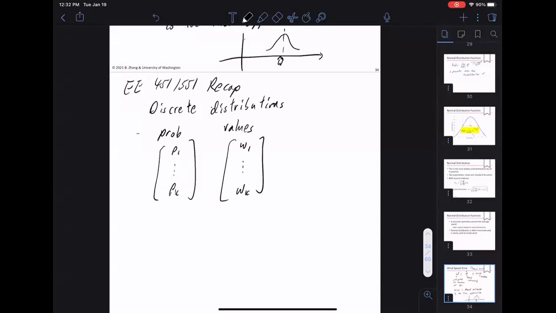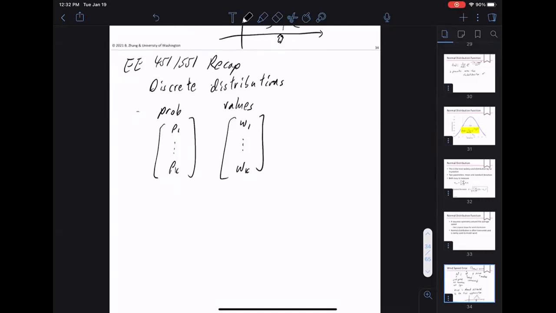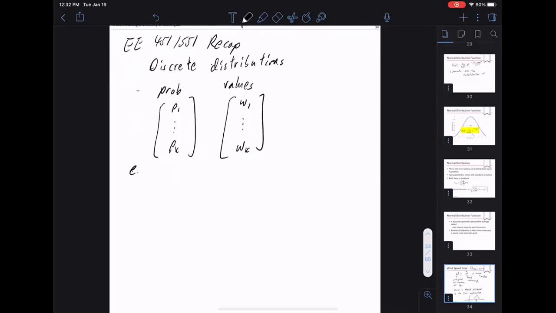So the thing to remember about this kind of random variables, for both discrete and continuous actually, is to be careful about where you're computing. For example, one question in the homework says, let's say Wi are the wind speeds, each with probability Pi.